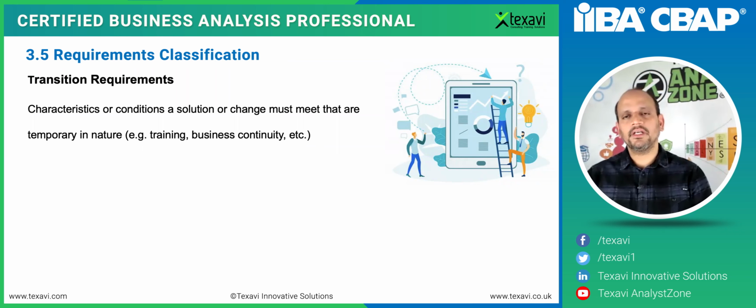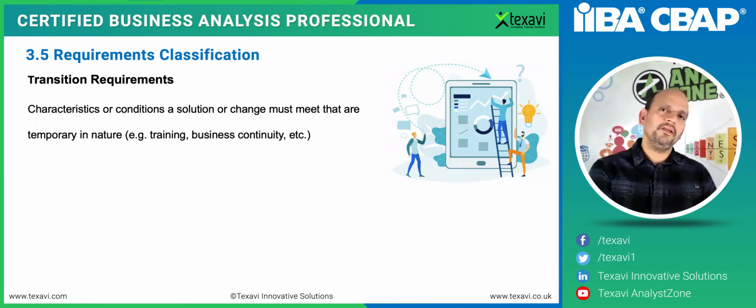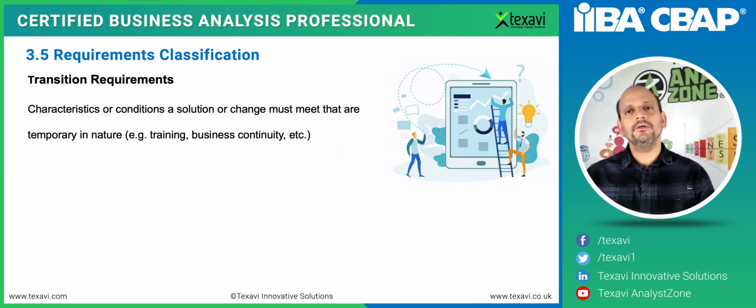So these are transition requirements, meaning you need to do these so that your solution reaches the hands of, and is able to work in the context of, the customers' or users' environment. So their devices, they should be able to use them.